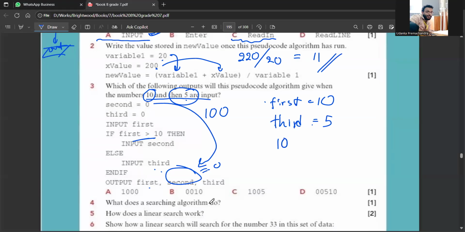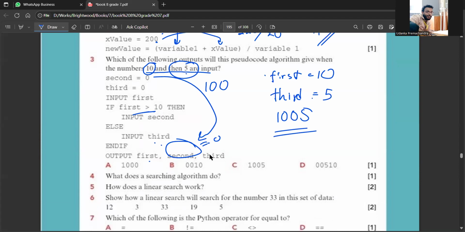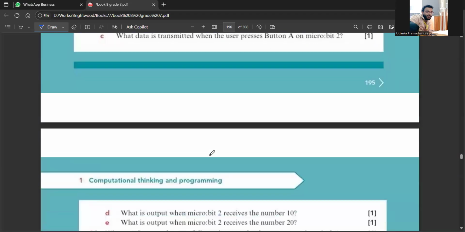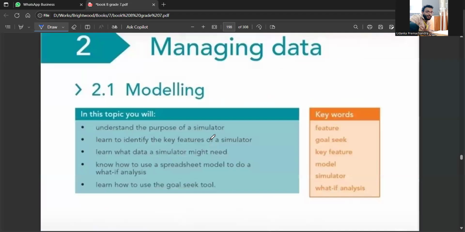So first is 10, second is 0, third is 5. The answer is 10, 0, 5. It may be a little bit complicated, but it doesn't matter. Others are okay. You can do that question later on, and I'll discuss it later.